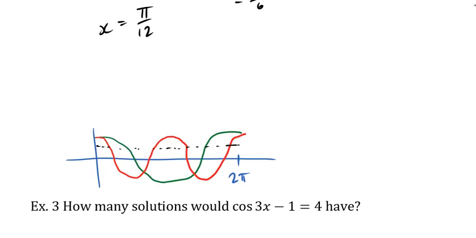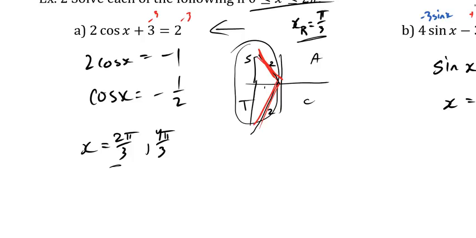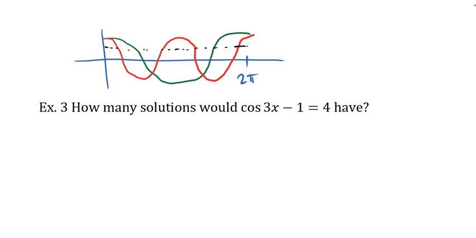From 0 to 2 pi, that was our range, right? How many solutions should we have? 4. Does everybody understand that? When you see it, it makes sense.